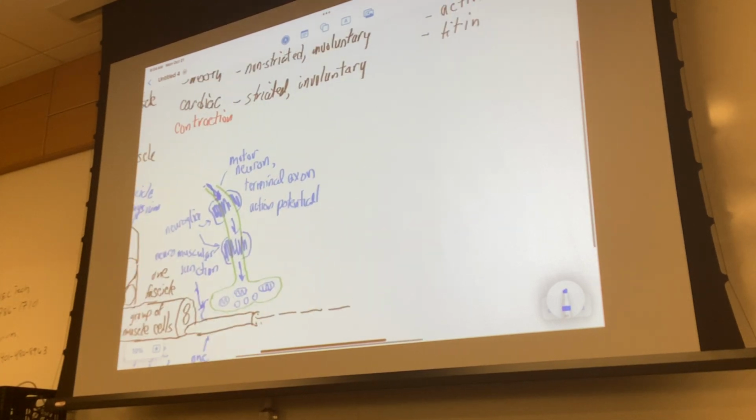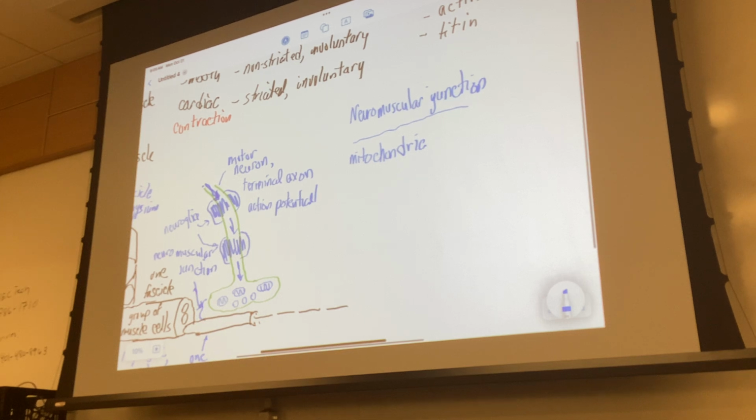At the neuromuscular junction here, we have mitochondria. And what are they going to do? They're going to produce ATP for, remind yourselves of the sodium-potassium pump. They're going to be basically setting up the sodium-potassium pump so that action potential can get sent down there. And that is this drawing right here.